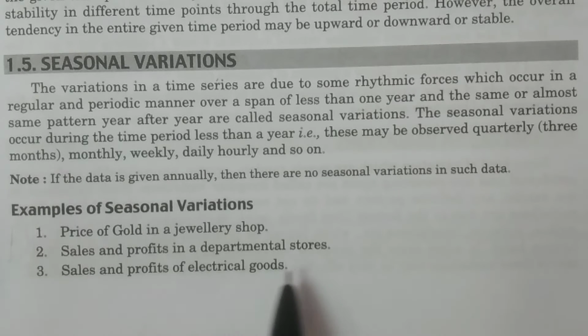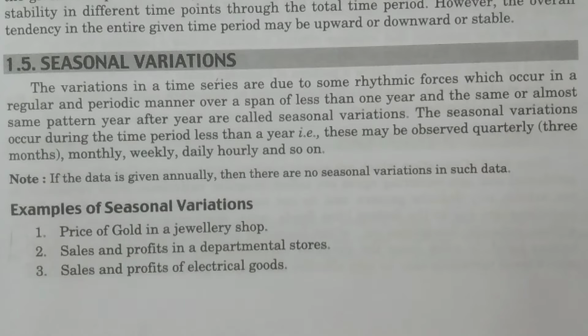Similarly, sales and profits of departmental stores. For example, if you consider monthly, in every first week of the month, because of the high demand, more sales and profit are going to be observed, like that.